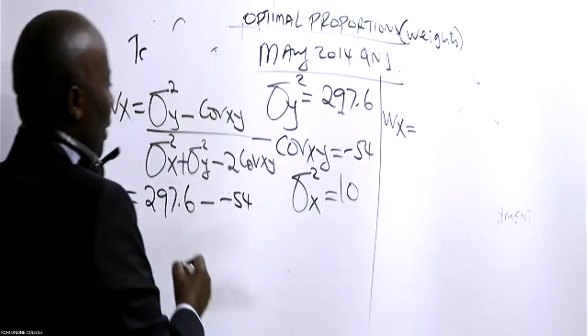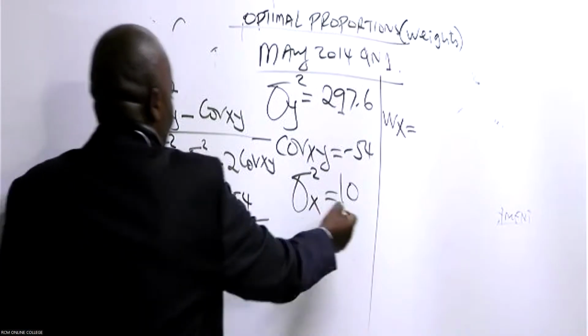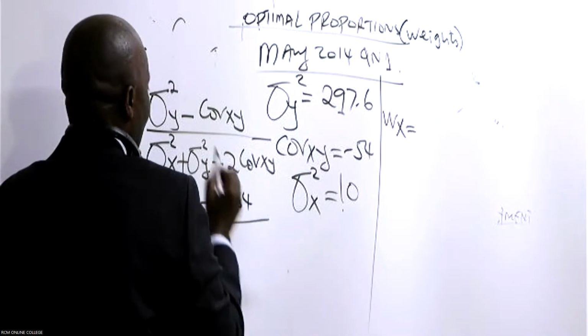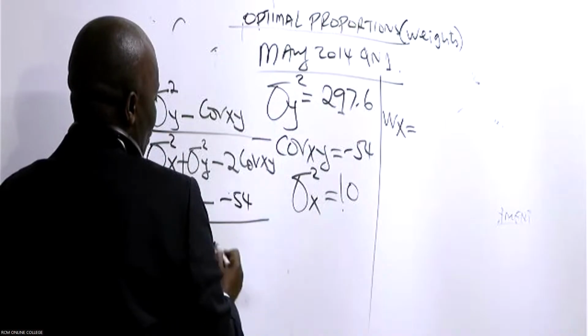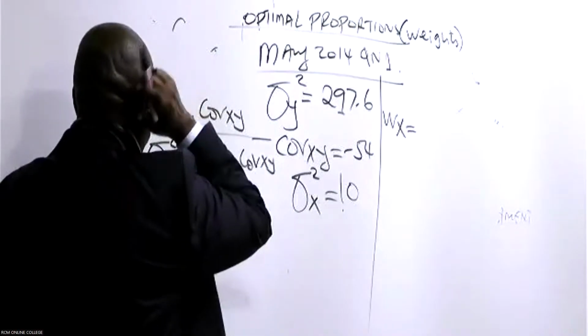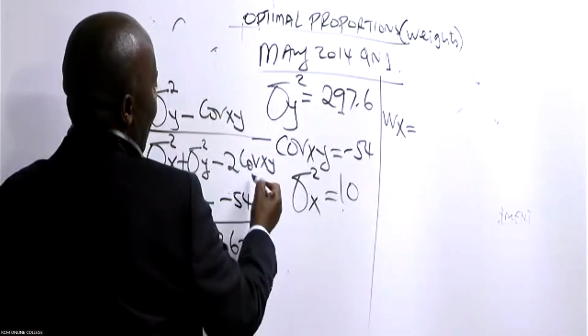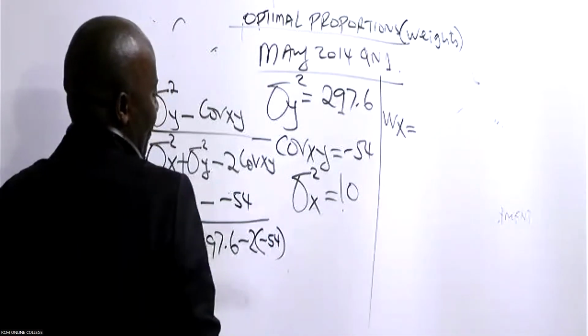Then come here and give me the variance of X. I can see it here. It is 10 plus the variance of Y, I can see variance of Y there, it is 297.6, minus twice covariance 54, which is minus 54 like that.